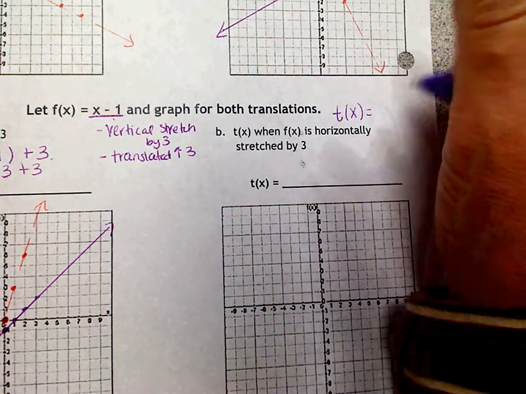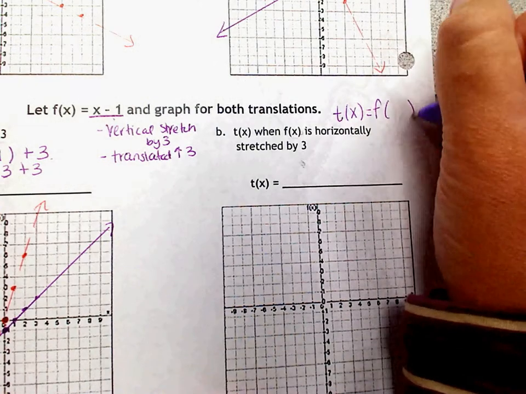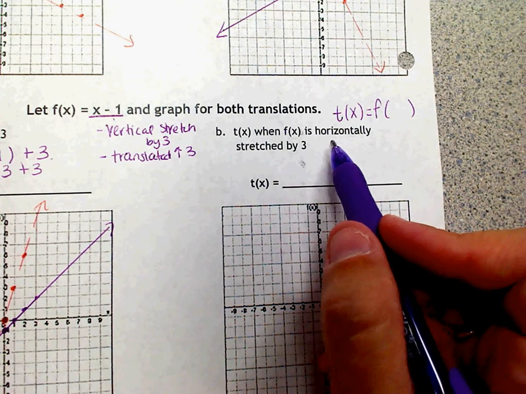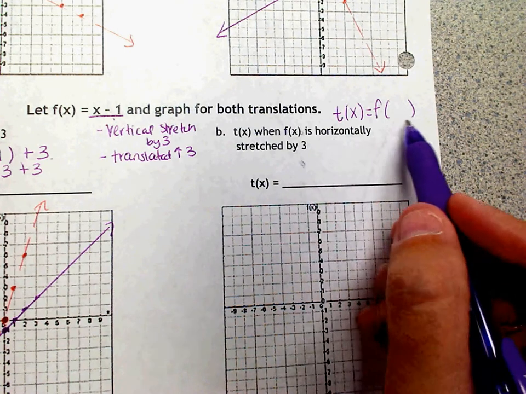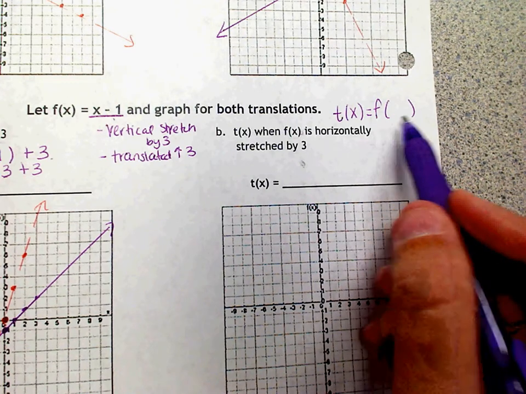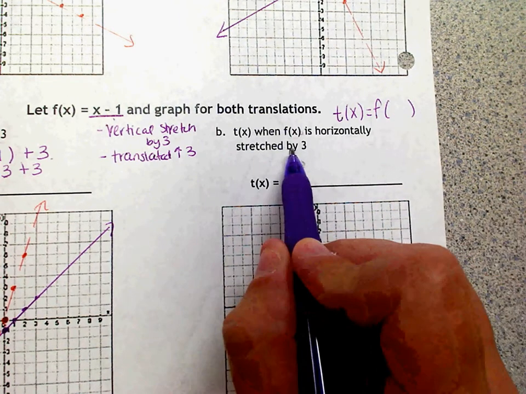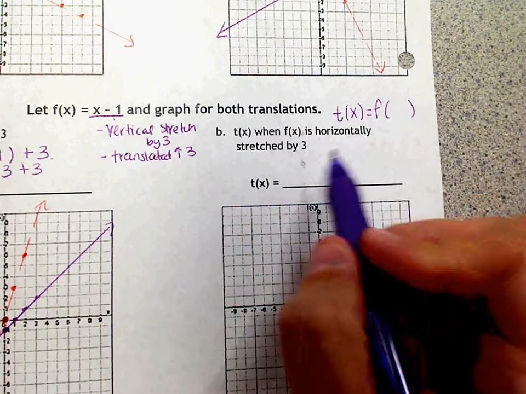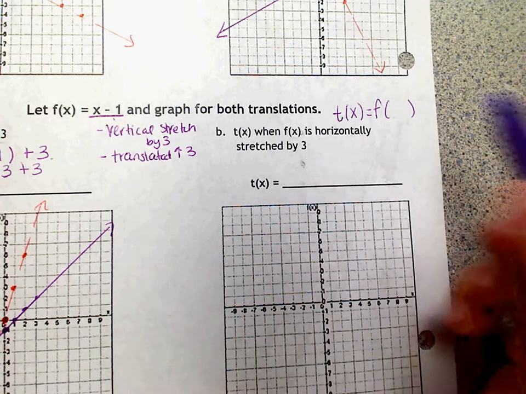So I know I'm going to have something inside. Okay, are we translating? No. So we're not going to have anything added or subtracted on the inside because we're not translating. So we are going to do a stretch by 3. And remember, inside lies. So instead of putting 3, what are we going to put? 1/3.